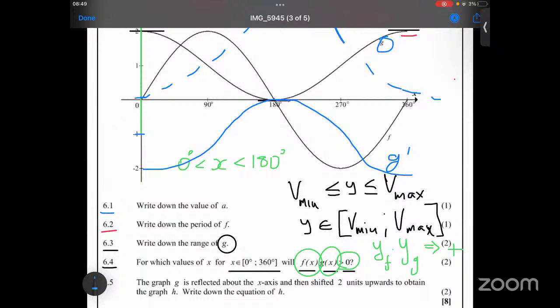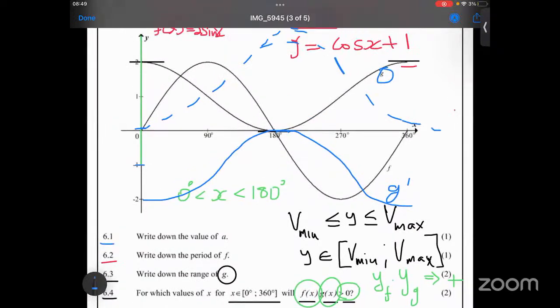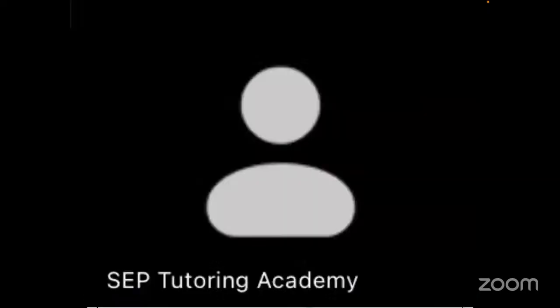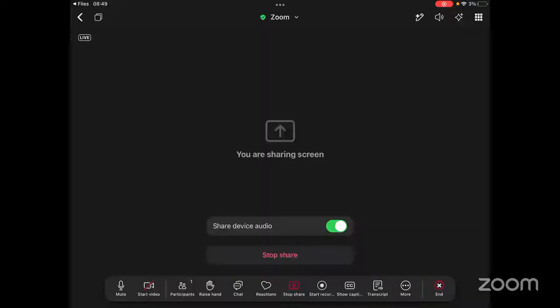I wanted to just show you how it looks after it has been reflected about the x-axis, and then you shift it up by 2 units. So just to give you an idea of what happens when something reflects and then is shifted, even though it's not what is required of you to do. I'm just giving you additional information there. So let me quickly run away before my battery dies.